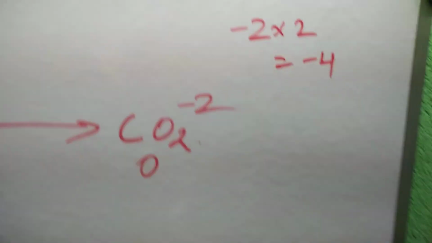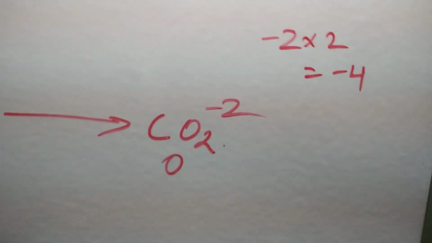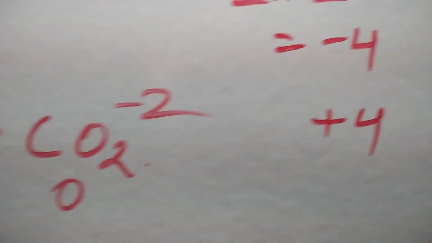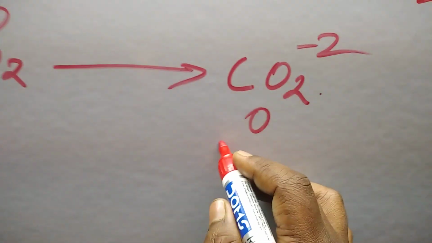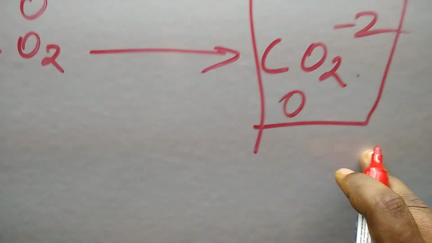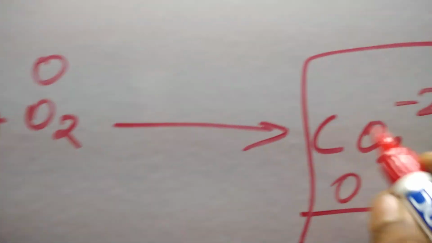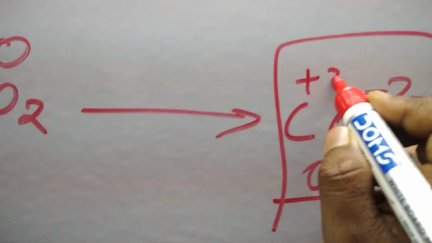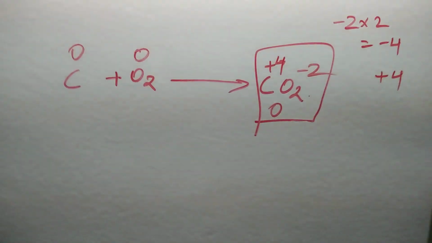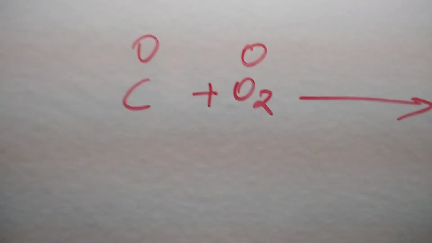Yes, students? And this minus 4, to make it 0, we need plus 4. Yes, right? So to make this compound 0 charge, carbon should carry plus 4 charge. Yes, right or wrong? Right? Okay, students? Now let's see.